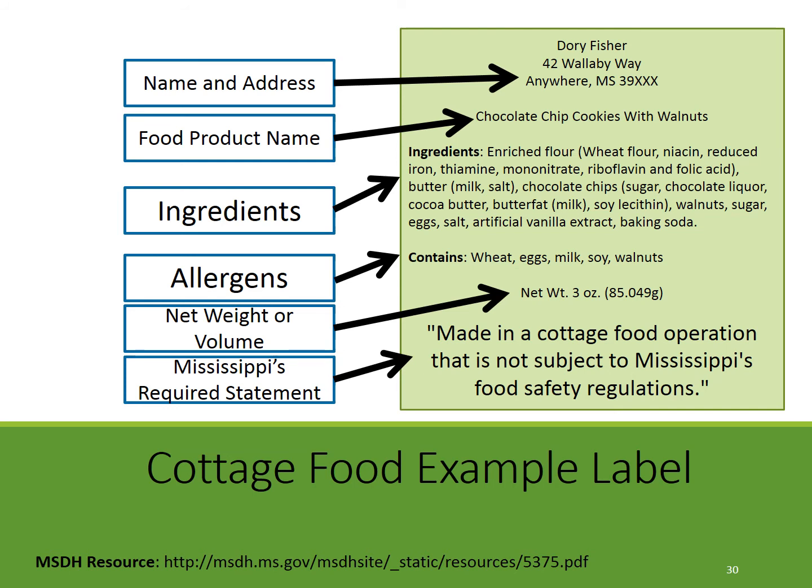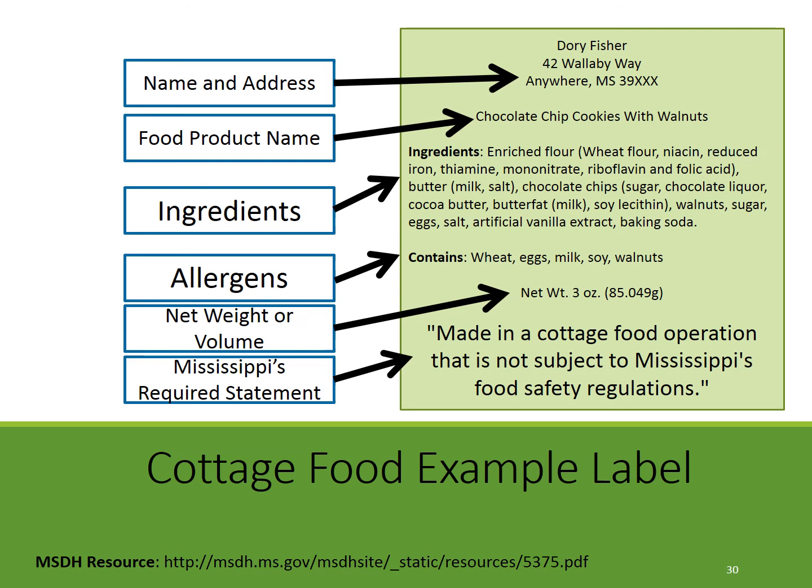Here's an example of a cottage food label. On the label should include the home processor's name, the address where the product was processed, the name of the food product, and the ingredients. The ingredients should be listed in descending order of predominance by weight. Allergens must be included in an allergen statement.